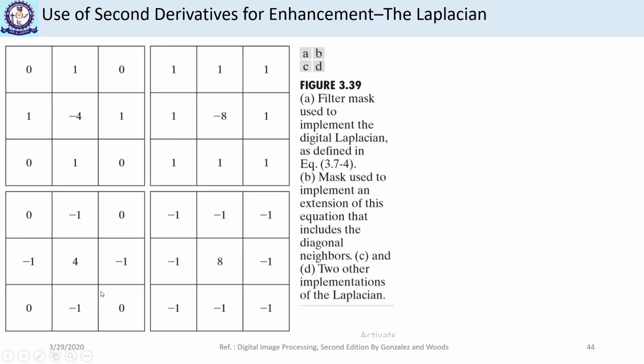Now if I apply this mask on an image, what would happen? Suppose this is your f(x, y), so it would be f(x, y+1), f(x, y-1), f(x-1, y), and f(x+1, y).